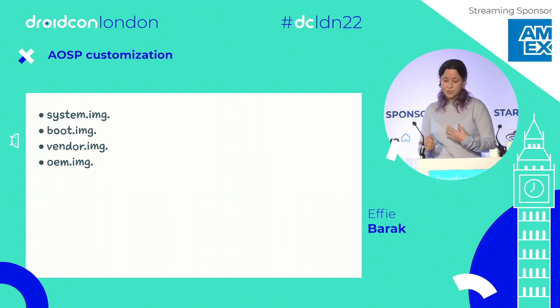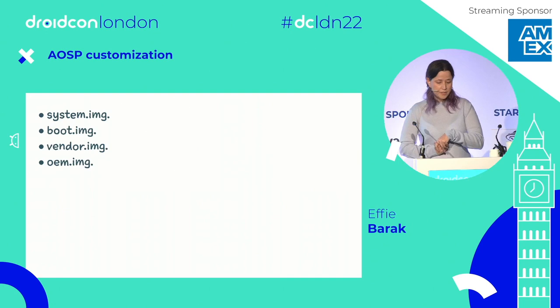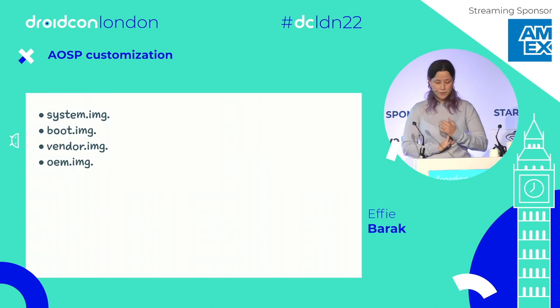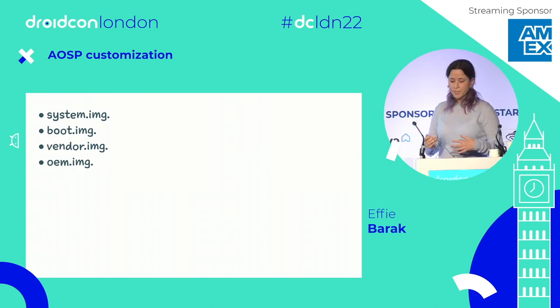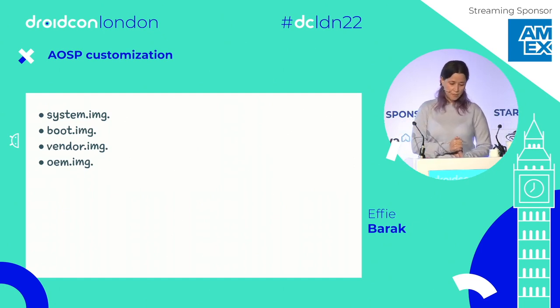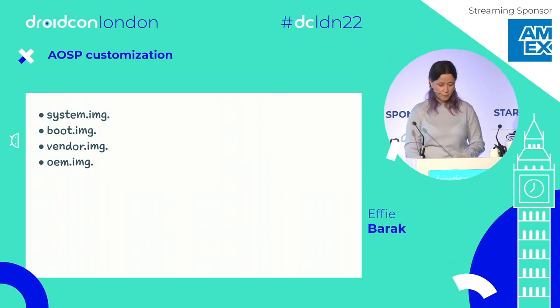The boot image is the kernel, the RAM disk, the Linux kernel, etc. The vendor image is all the vendor-specific code, all the drivers I mentioned, all the proprietary code. And the OEM image is where all the carrier-related configurations and customizations live. It's a bird's-eye view, and there are a bunch of other images, but these are the most important ones.